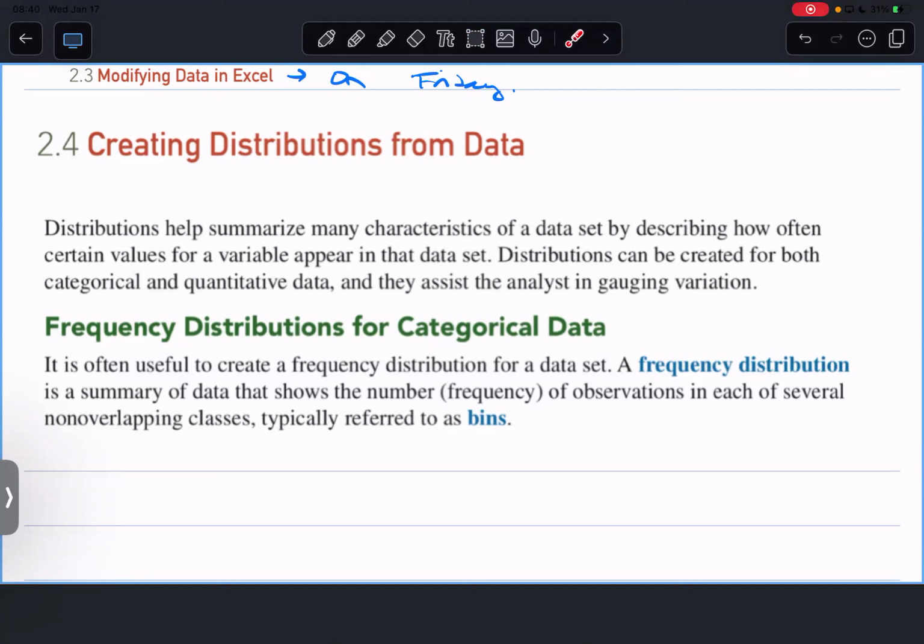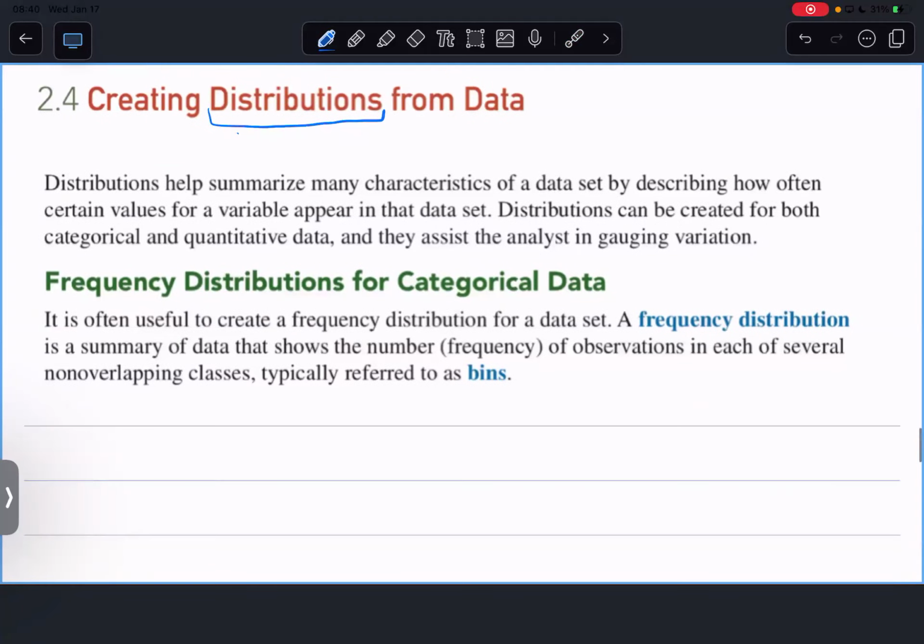We're looking for just a general summary of what this data looks like.